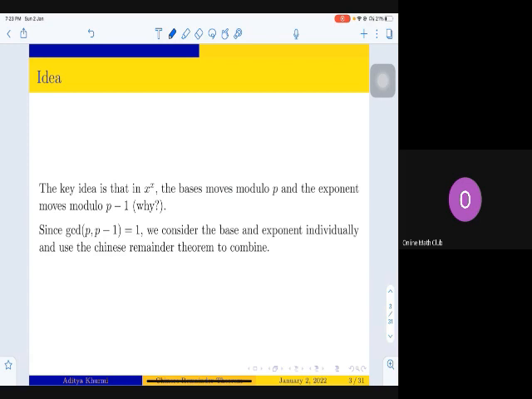Basically, 1 raised to x, then 2 raised to x. If you just look at the base, then that moves modulo p. After this, p raised to x is basically 0, then p plus 1 raised to x would be this, p plus 2 raised to x would be this. So the base moves modulo p, and for the exponent, you could have x raised to 0, x raised to 1, x squared.